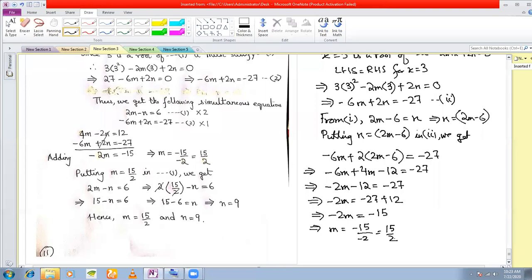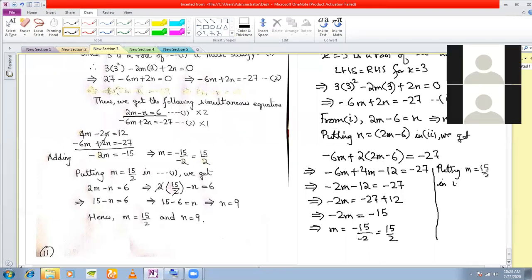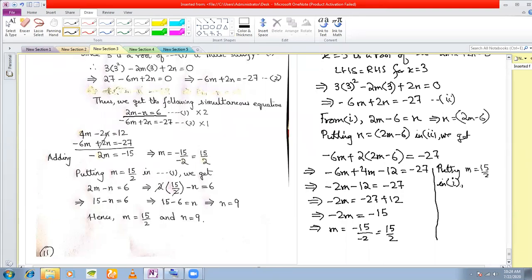You've got the value of m. You put it in any one of the two equations. But which equation will I prefer? I'll prefer equation number 1, because it has lower coefficients. So putting m equal to 15 by 2 in 1, we get 2 into 15 by 2 minus n is equal to 6.